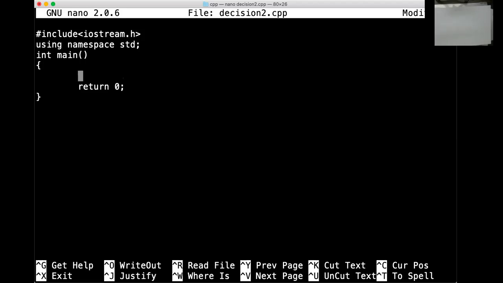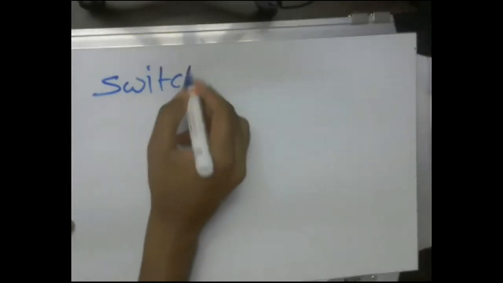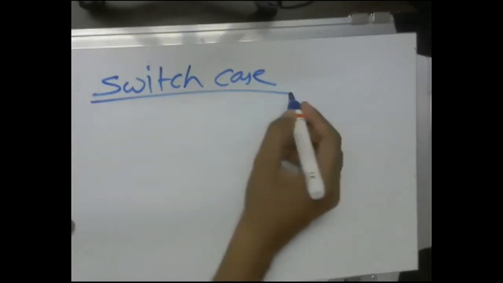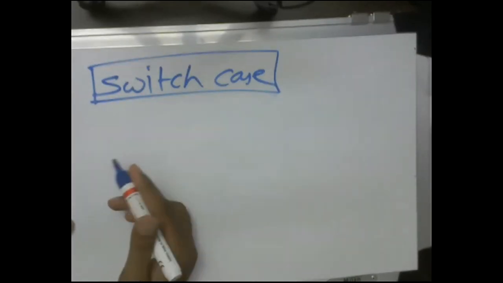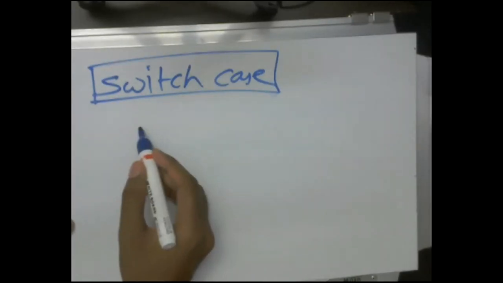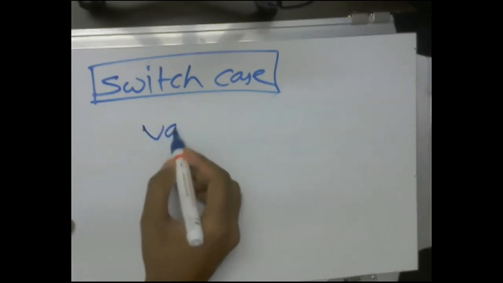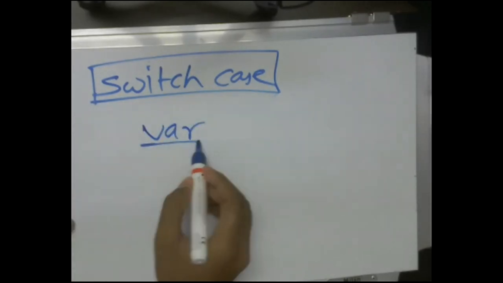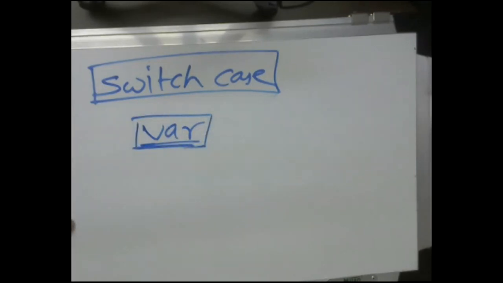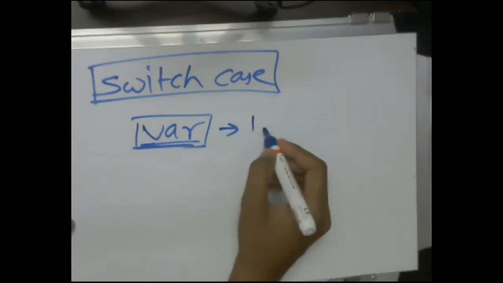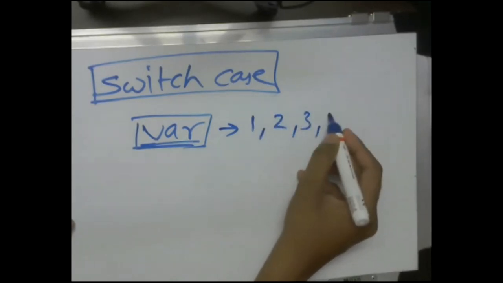Okay, now next is the switch case. It means that here we are checking the different cases. For example, there is one variable, say var, and we want to check its possible values. Suppose the possible values of var are 1, 2, 3 and 4 only.